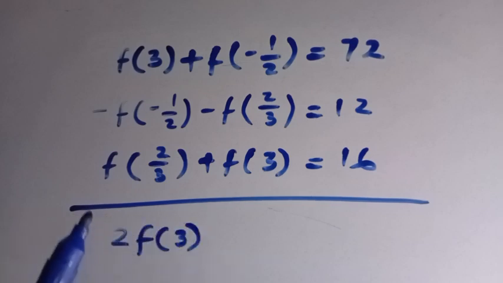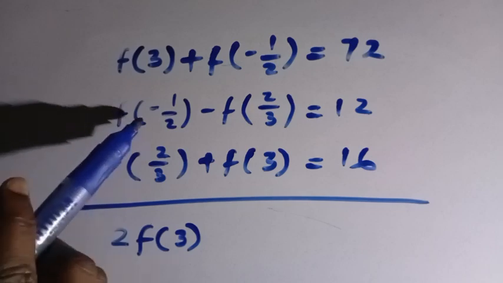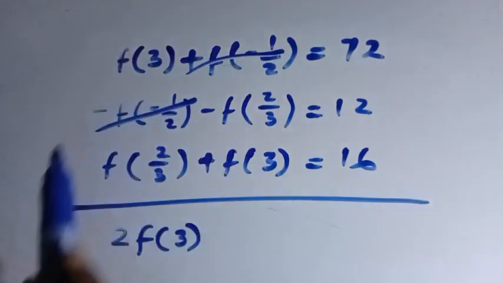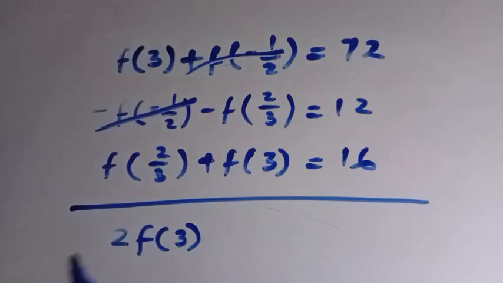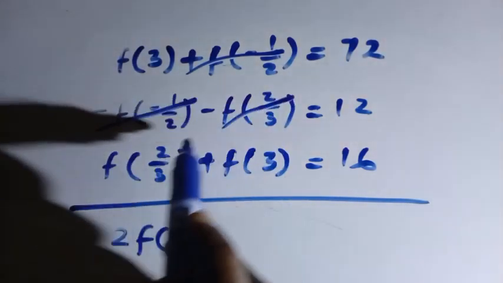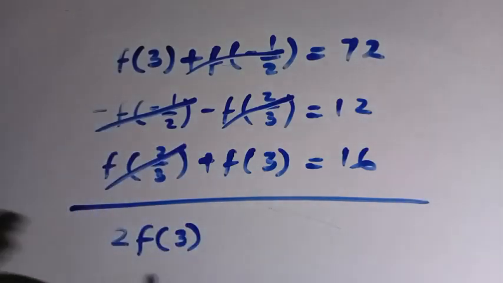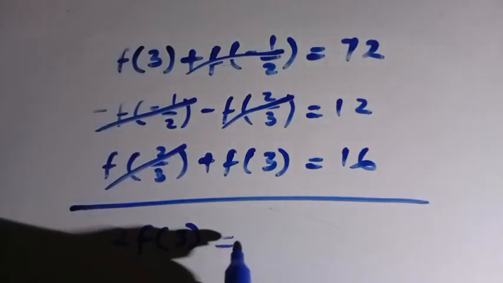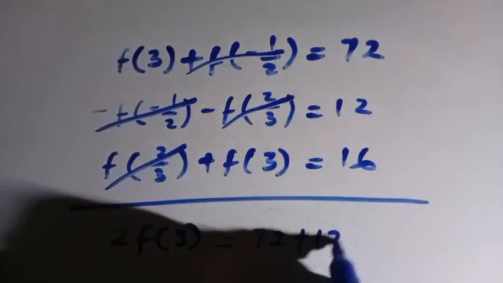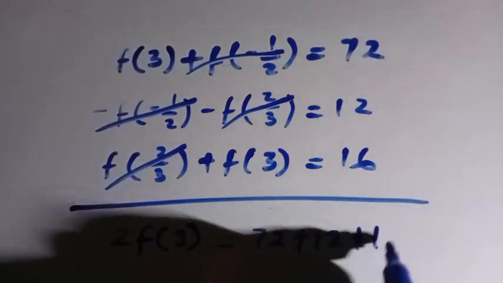And again, we have minus f of minus 1 over 2 plus f of minus 1 over 2, which cancels out. And again, f of 2 over 3 and minus f of 2 over 3 also cancel out. So therefore, we are going to have the addition of 72 with 12 with 16.